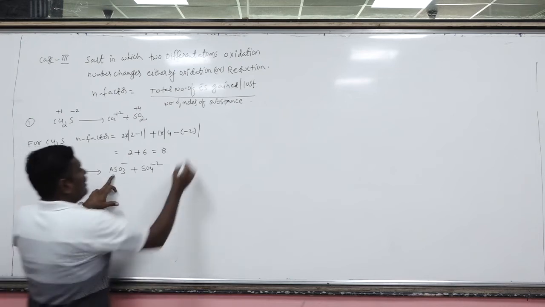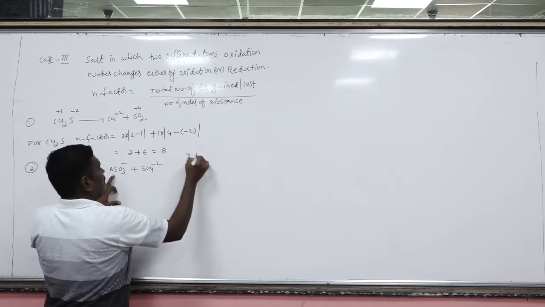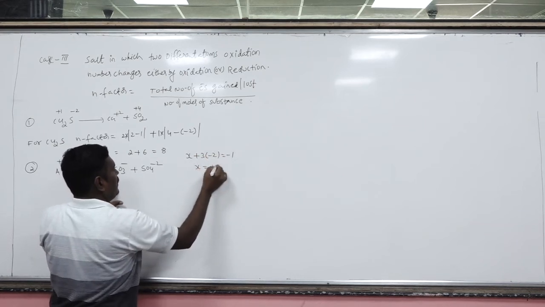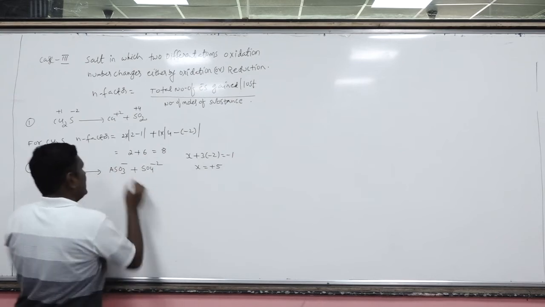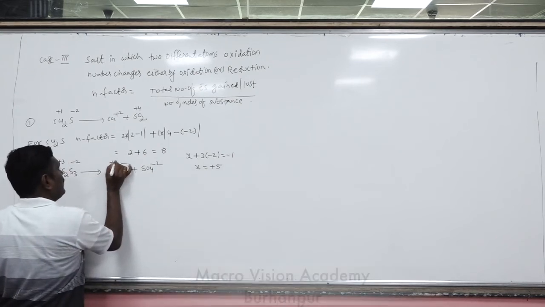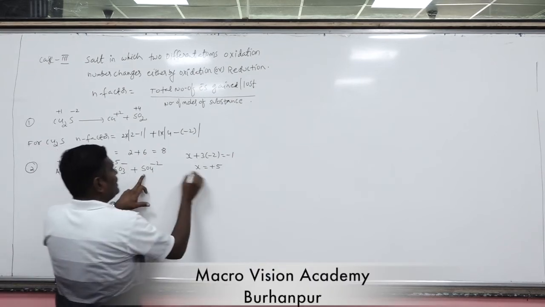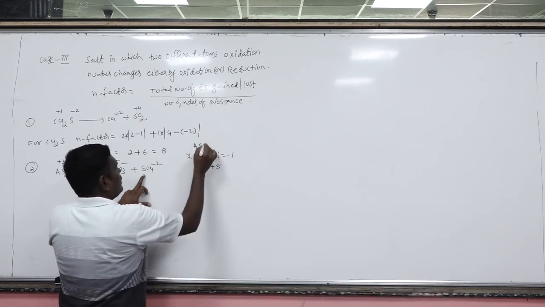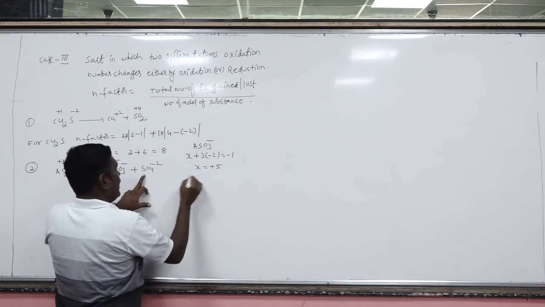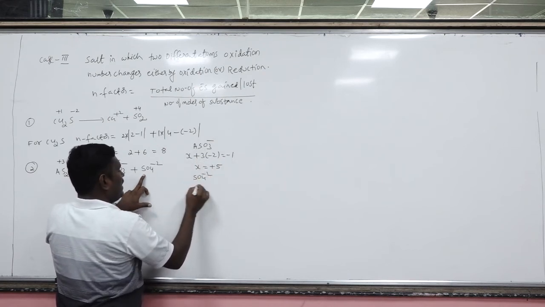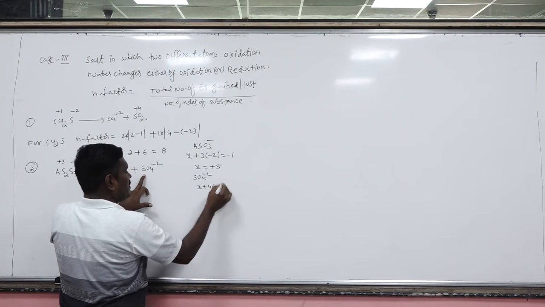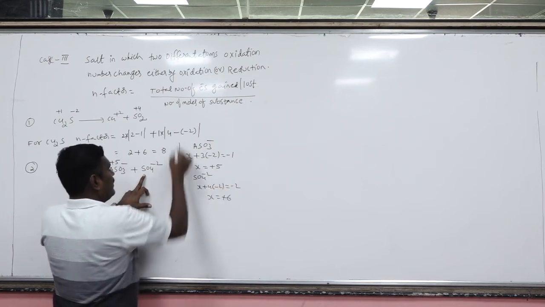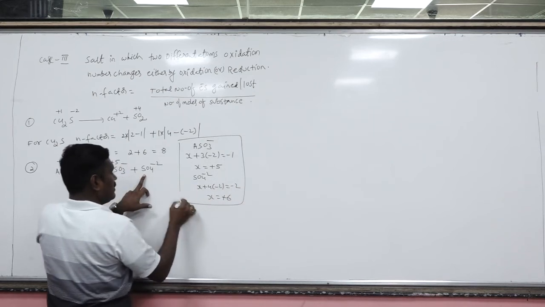Here arsenic, let's suppose X, plus 3 into each oxygen minus 2 is equal to minus 1, so plus 5. Arsenic oxidation number is plus 5. Now in SO4 2 minus, sulfur X, each oxygen minus 2, is equal to minus 2, so X is equal to plus 6. This is the sulfur oxidation state.